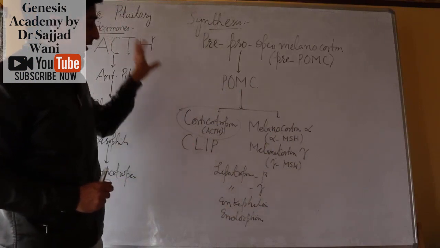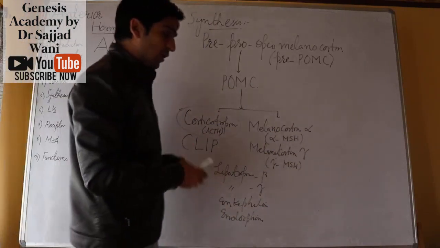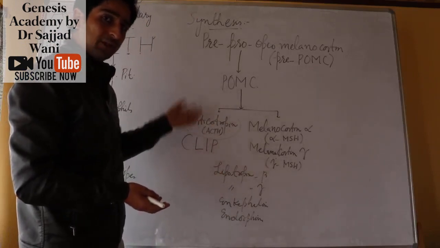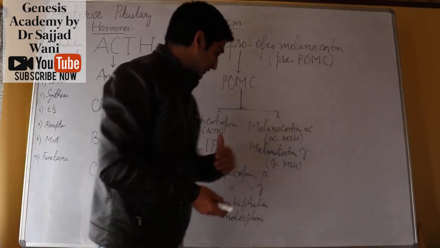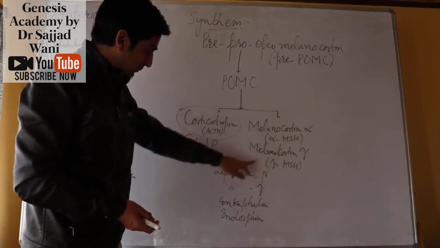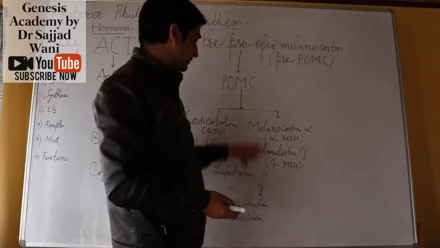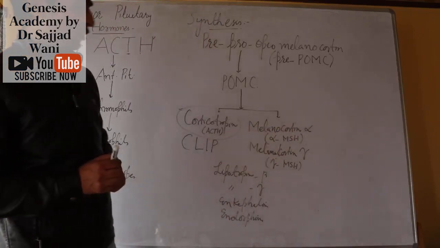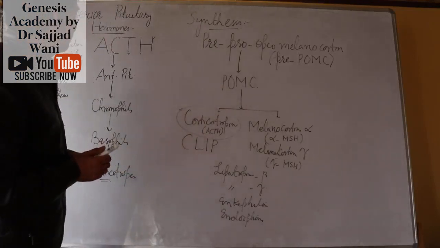That's why the anterior lobe of pituitary having the corticotropins, their secretions have many other effects in addition to the corticotropin effects, like a melanin formation effect in the skin. Right? So beta and gamma lipotropins, the enkephalins and endorphins, and melanocortins alpha and gamma, which are MSH hormones, are also produced from POMC.